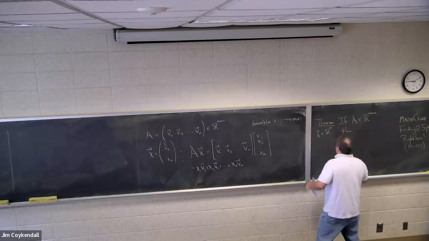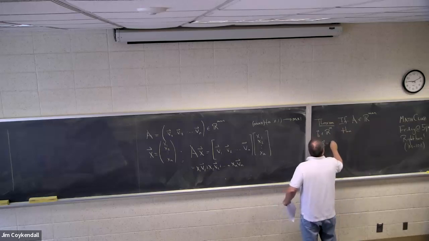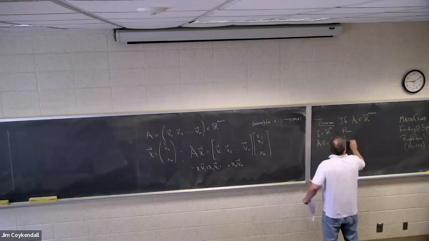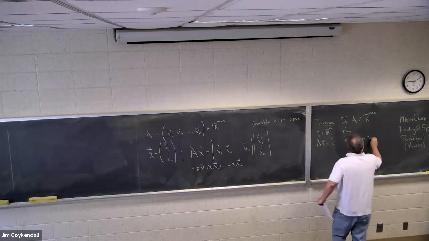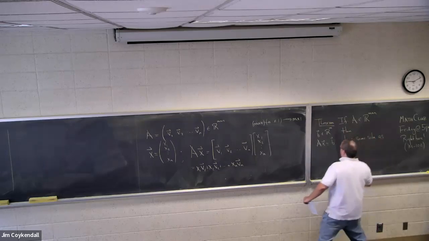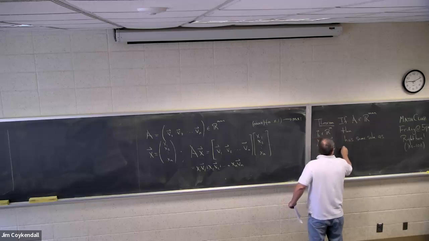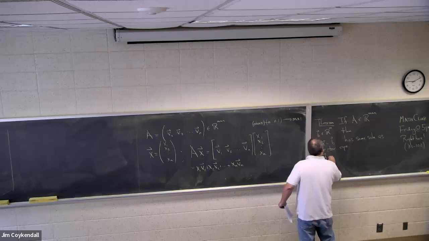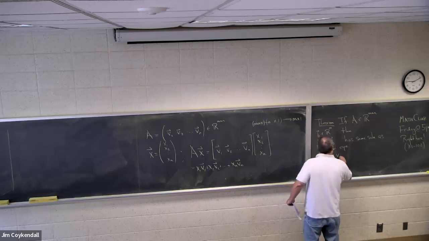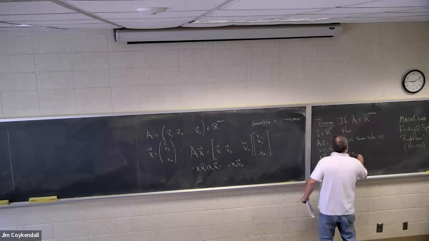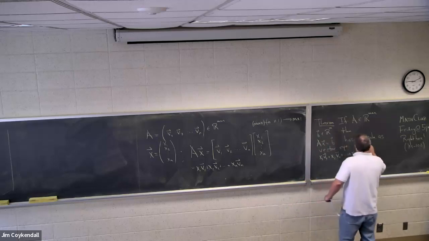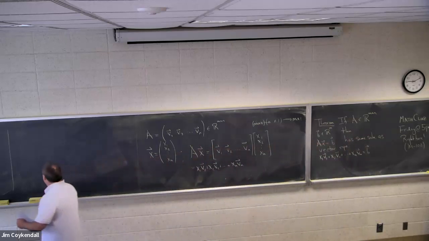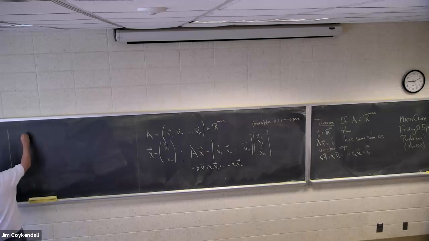Then the matrix equation Ax = b has the same solution as the vector equation x1 a1 + x2 a2 + ... + xn an = b, which has the same solution as the augmented system of linear equations.